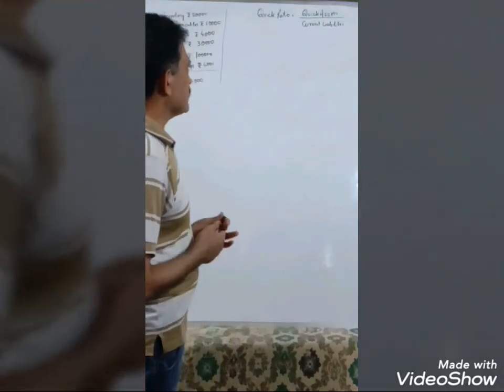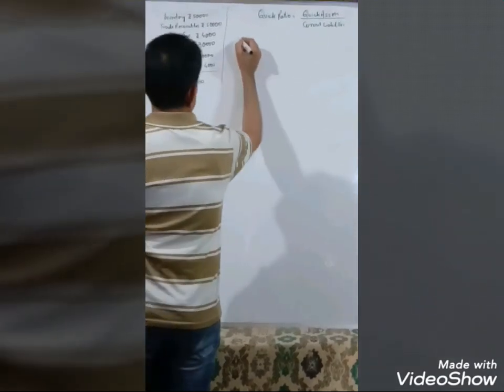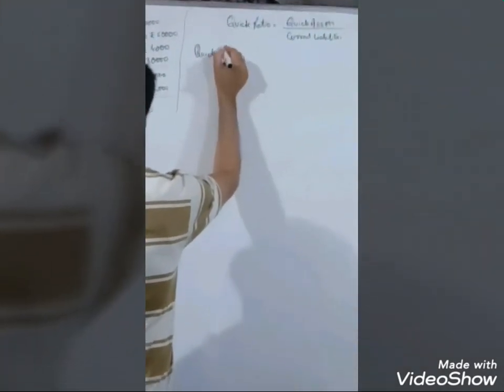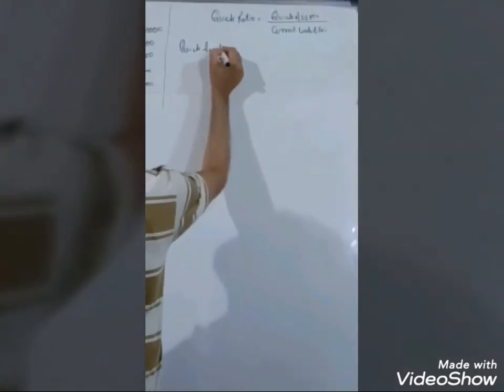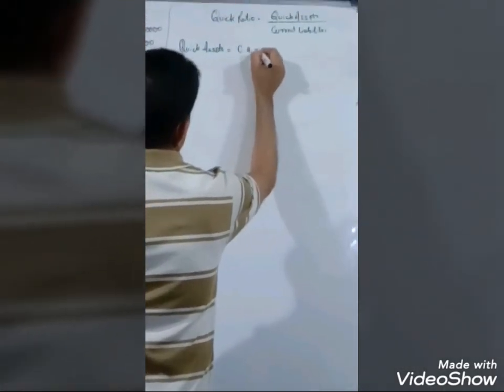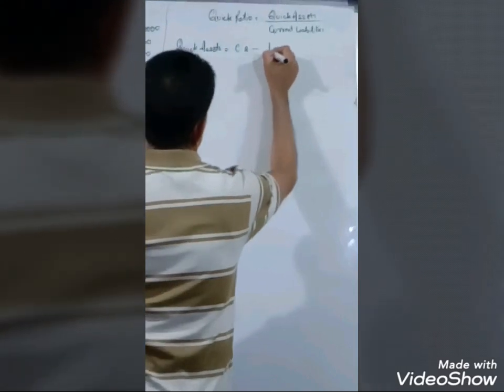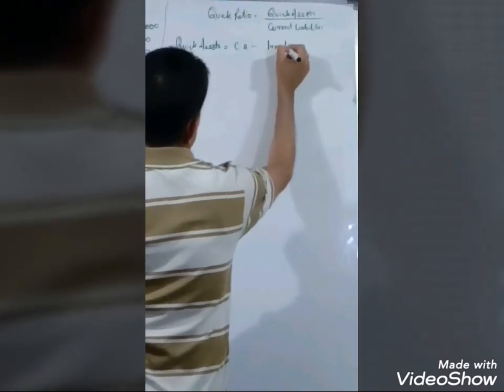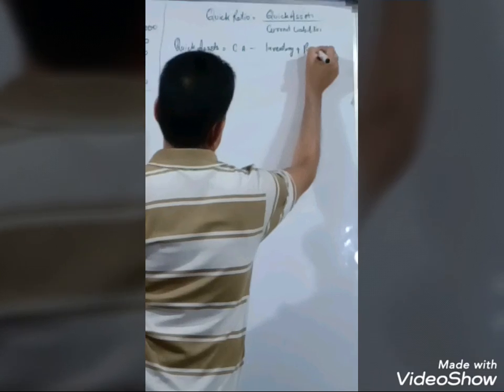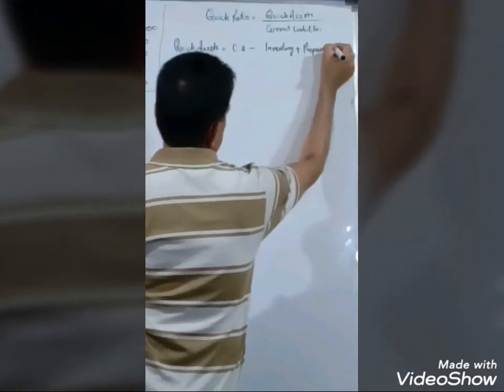For calculating quick assets or liquid assets, the formula is current assets minus inventory and prepaid expenses.